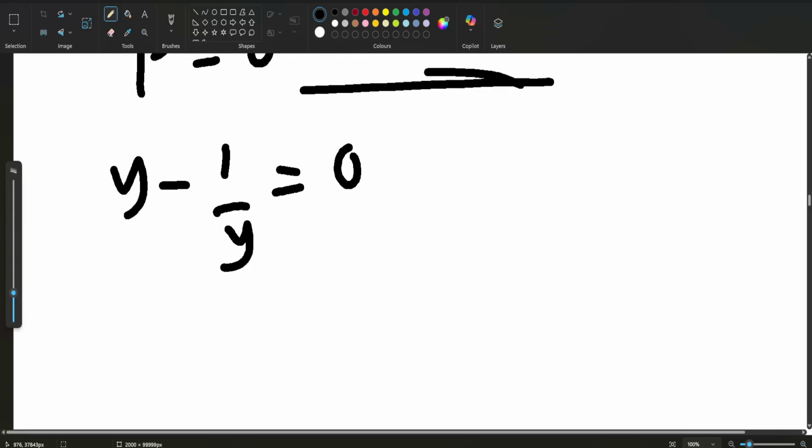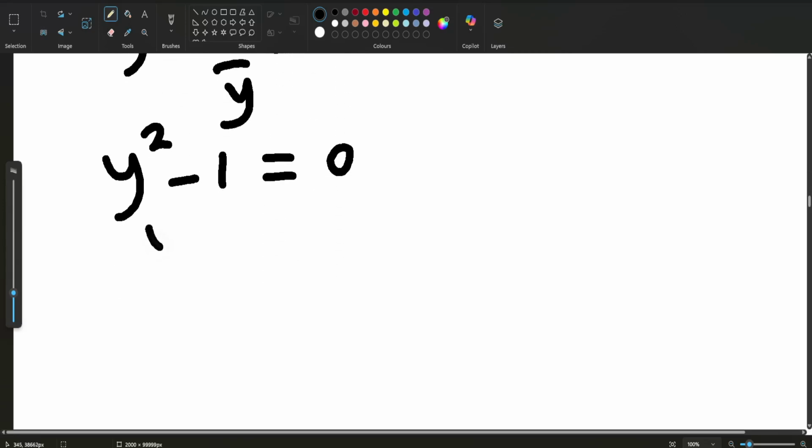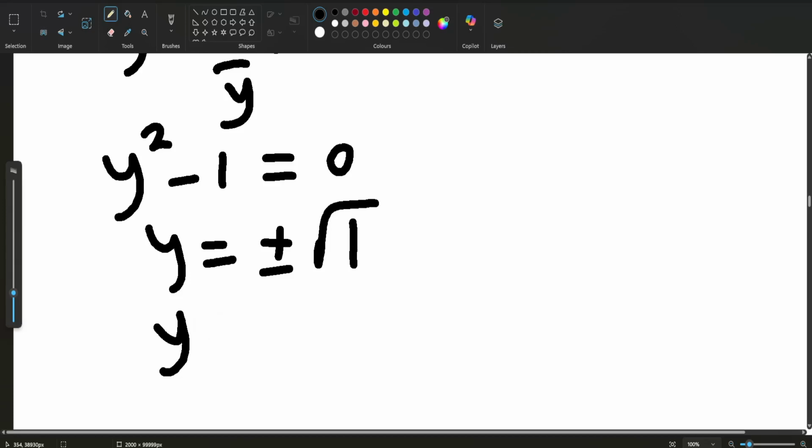So in the first situation, when it is 0, you multiply everything by y, so that this becomes y squared minus 1 equals to 0. And from here, y is equal to plus or minus square root of 1. Square root of 1, of course, is 1. So this is going to be plus or minus 1. So we have 2 of the answers there.